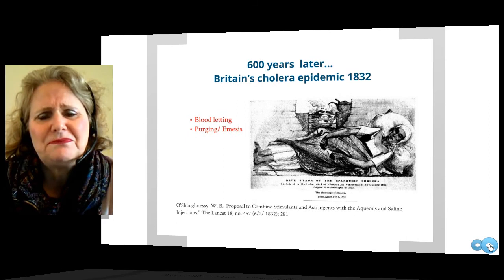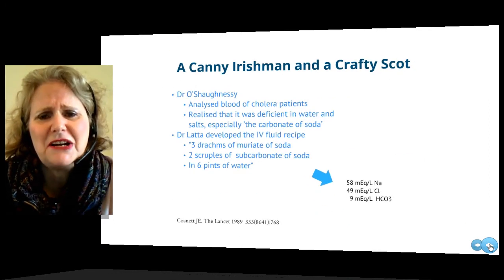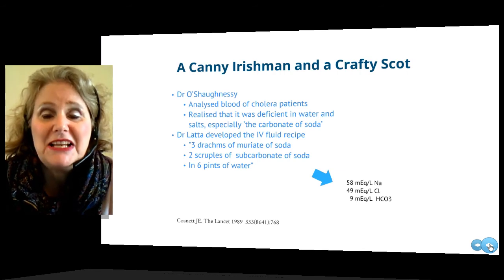And so, in 1832, there was a canny Irishman, a doctor named O'Shaughnessy. He's practicing up in northern England and Scotland, and he actually took some of the blood that had been let out of a patient with cholera and analyzed it.